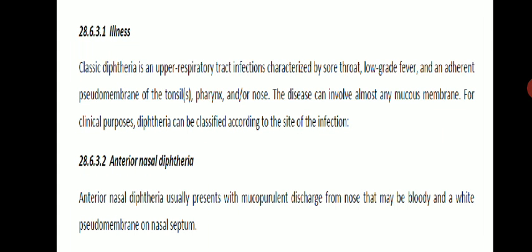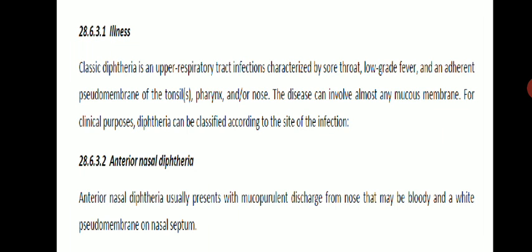As far as illness is concerned, classic diphtheria is an upper respiratory tract infection characterized by sore throat, low-grade fever, and an adherent pseudomembrane of the tonsils, pharynx, and/or nose. So what are the symptoms of diphtheria?